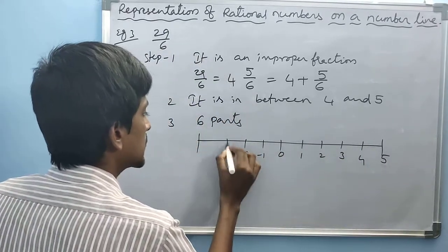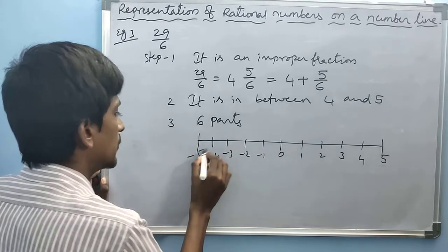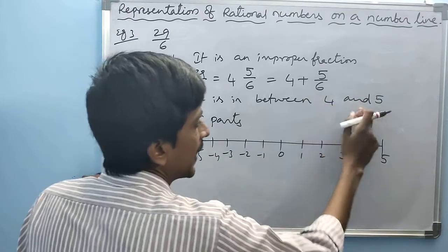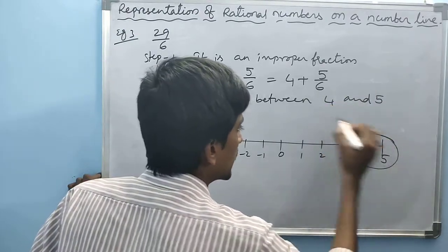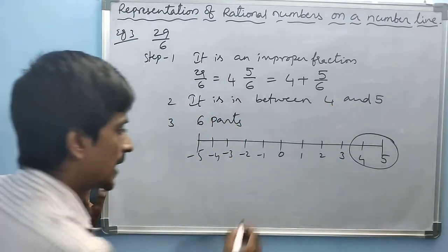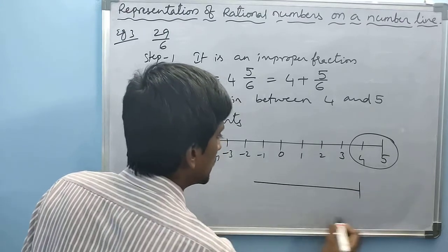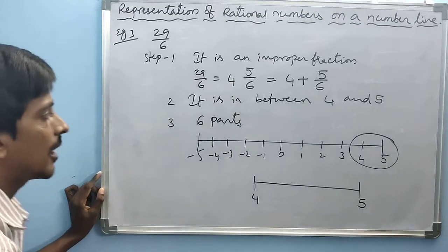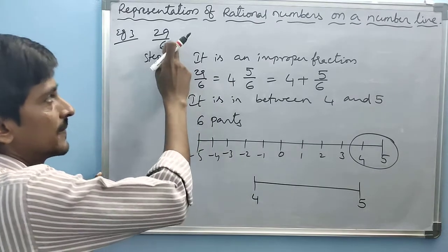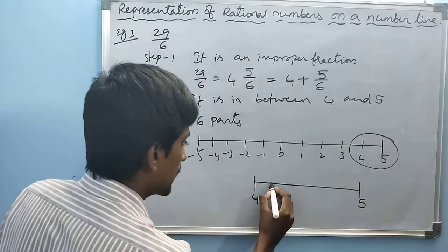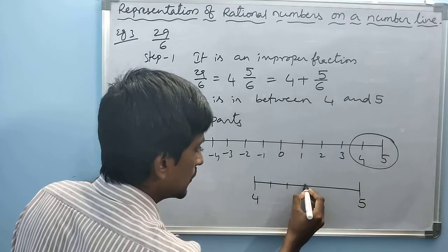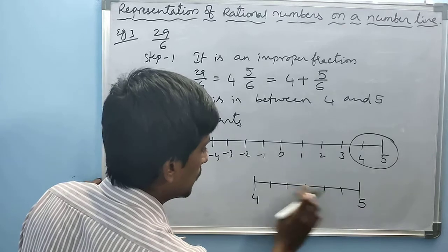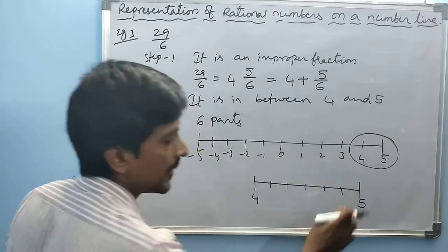Minus 1, minus 2, minus 3, minus 4, minus 5. So, in between 4 and 5, you mark like that, 4 and 5 enlarged. This is 4 and this is 5. How many parts can be divided? 6 parts. So, 1, 2, 3, 4, 5, 6 parts.